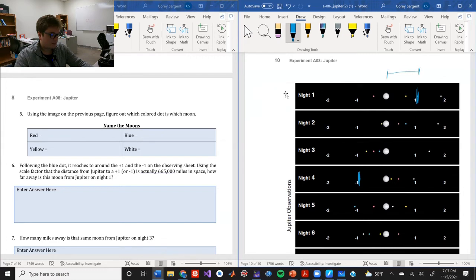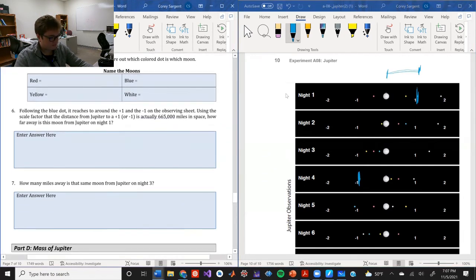So on night 1, we see that this blue moon is about this distance away from Jupiter, and that is the extent that this moon goes, so that is its orbital radius. So for question 6, it's pretty easy because we know that it's just 665,000 miles.